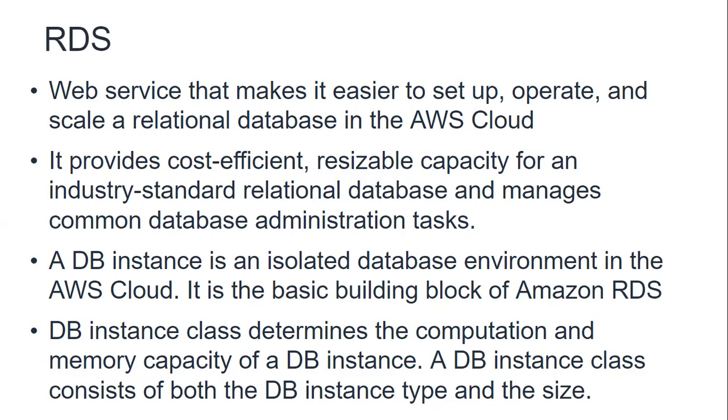So your RDS would usually have a DB instance, which would be created in a VPC or an availability zone. The database instance is the basic building block of RDS, because you have your database running in the DB instance.